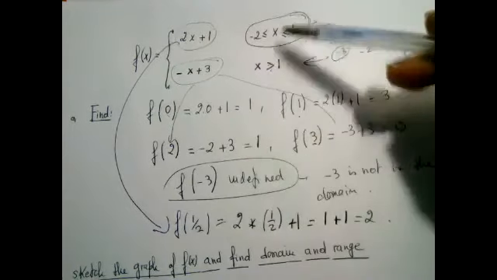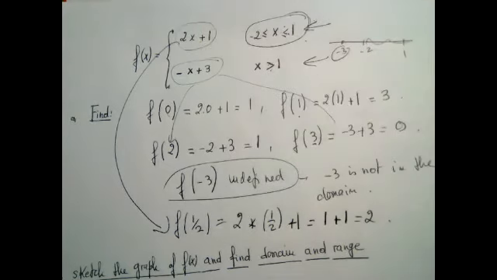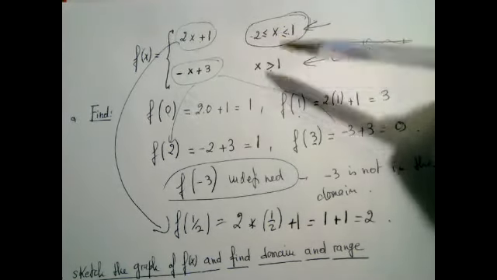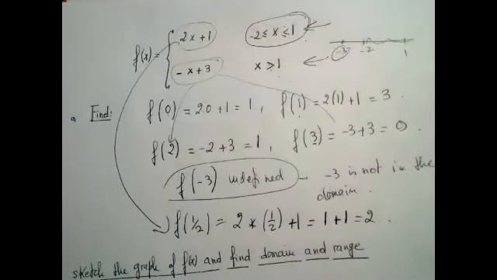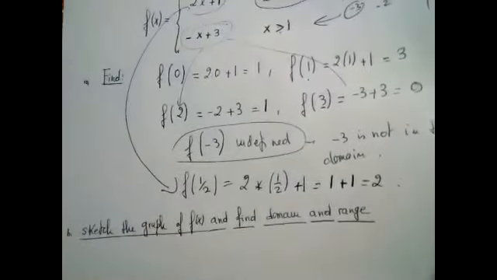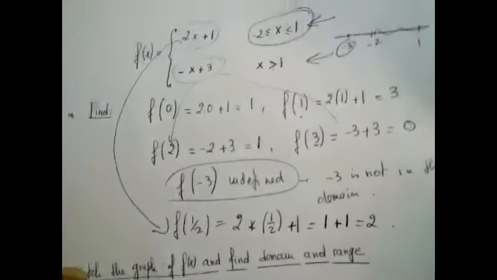So according to what I'm giving you, there is no output for -3, because it's not in here and it's not in here. My formula is not giving you an output. That's why it's undefined. It's not in the domain of my function. We are finding the output based on what I'm giving you right there.